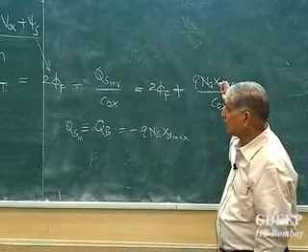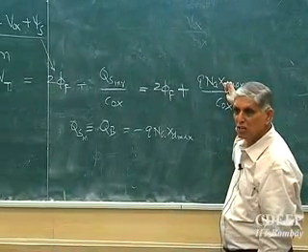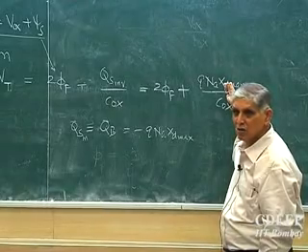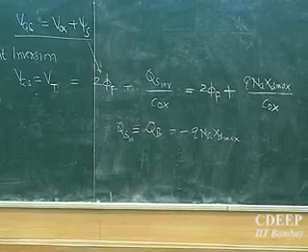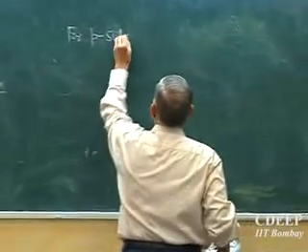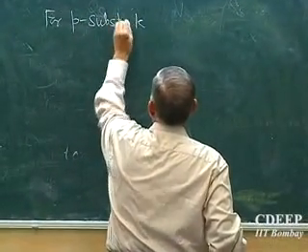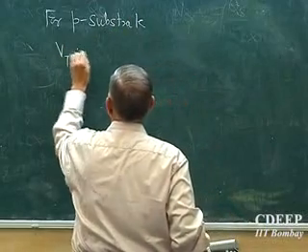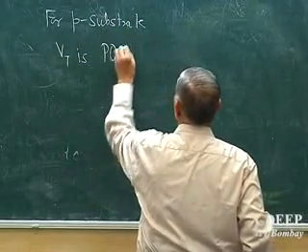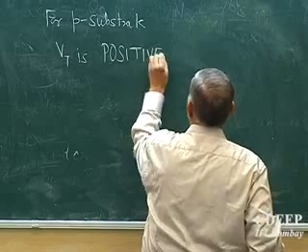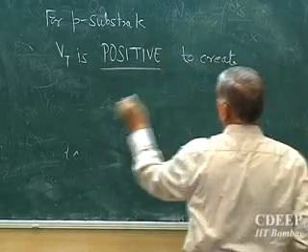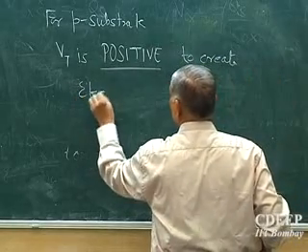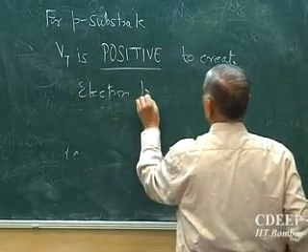So for a P substrate to create an N inversion layer, Vt is always positive. So for P substrate, Vt is positive to create an electron inversion layer.